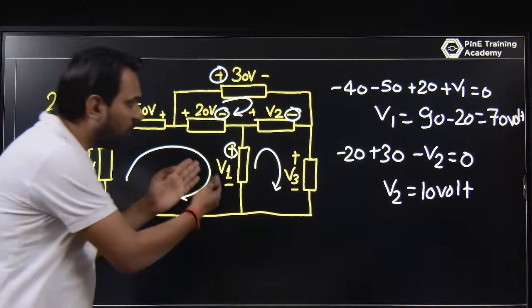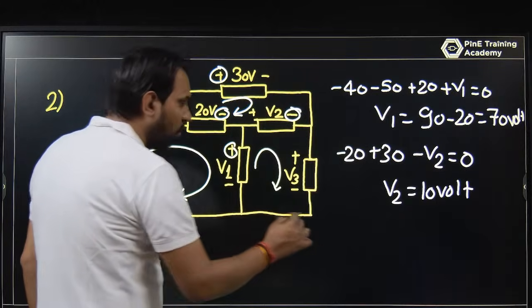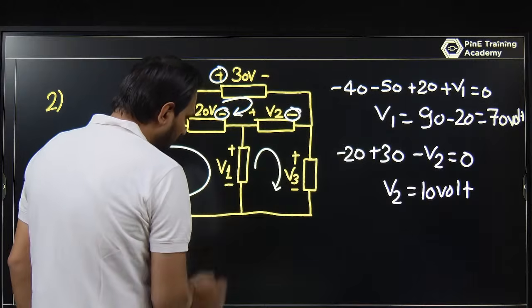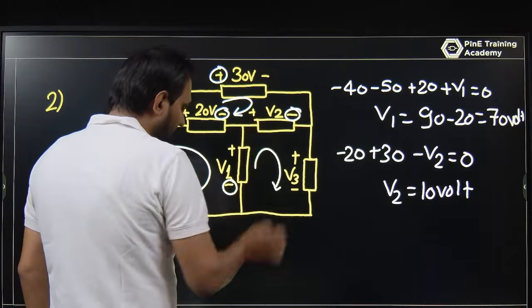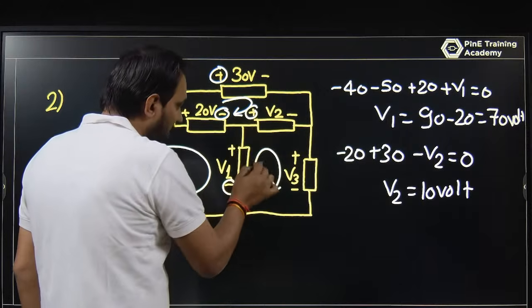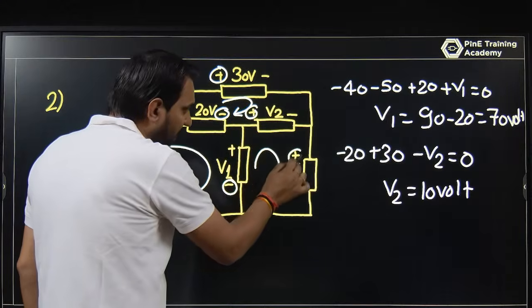So if you know V1, if you know V2, you can determine V3 by this loop. So you know the first sign is negative, the first sign is positive. For this type of loop, the first sign is negative, the first sign is positive, the first sign is positive.